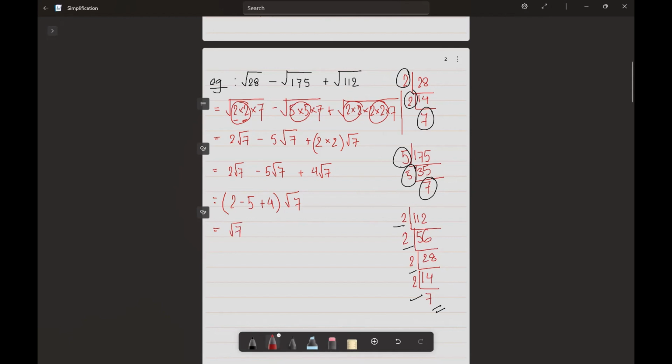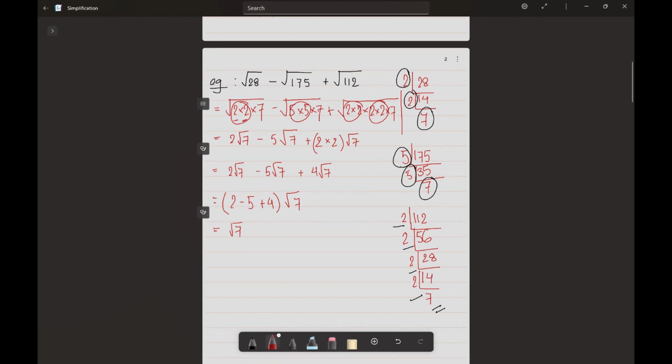So 2 minus 5 plus 4 gives us 1 root 7, and we do not write the value of 1 in front of any number that we multiply 1 with. So we have written only root 7 in here.